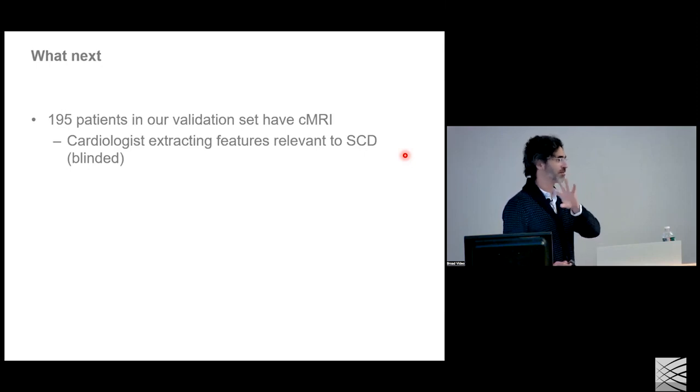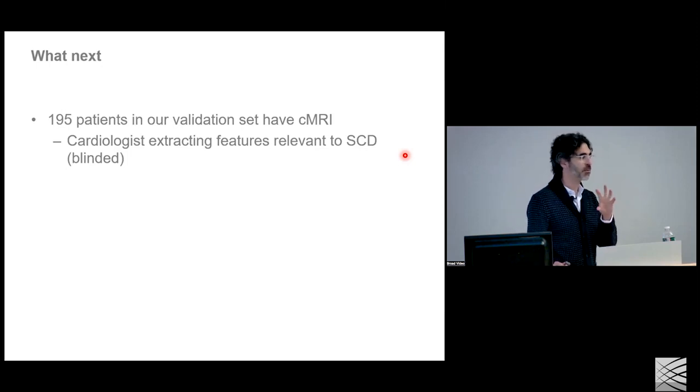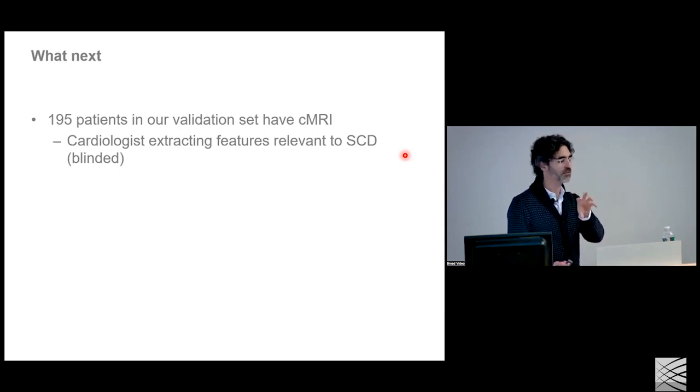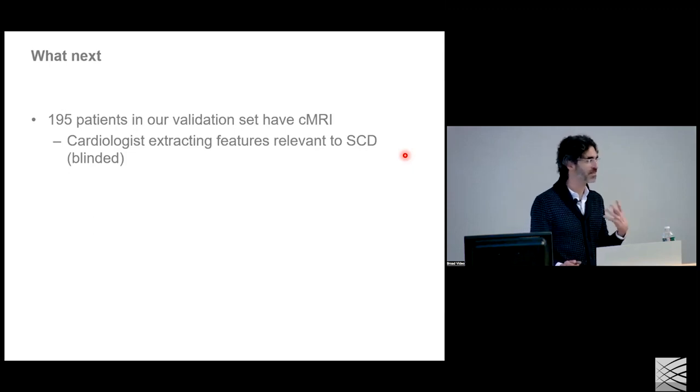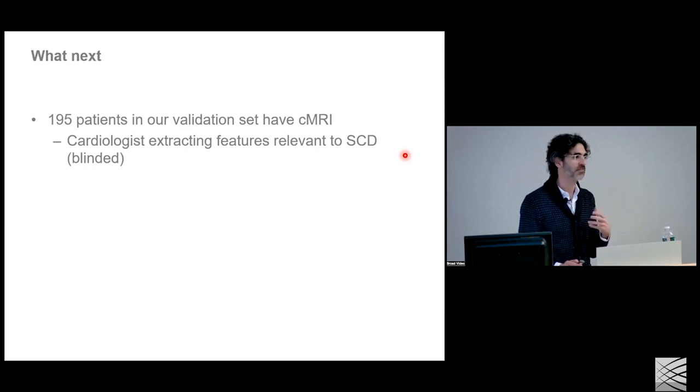And then we're going to look at those things as a function of the algorithm predicted risk and see what kind of structural abnormalities are more common in those people, unusual as they may be, who have gotten a cardiac MRI. So that's one interesting way to get some insight into what the structural correlates of risk are in these people with MRI.